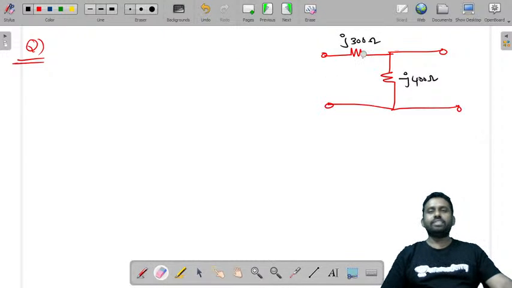Instead of writing these as resistors, just take them as impedances because they're J representations. So what is the question?